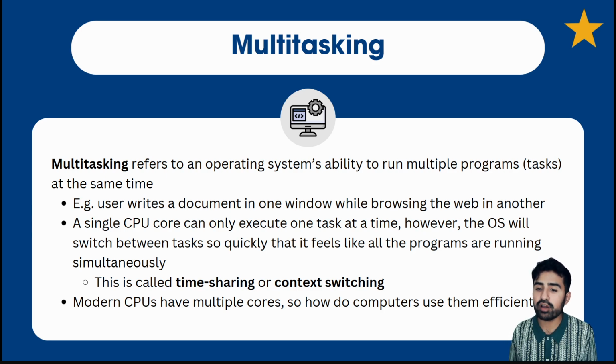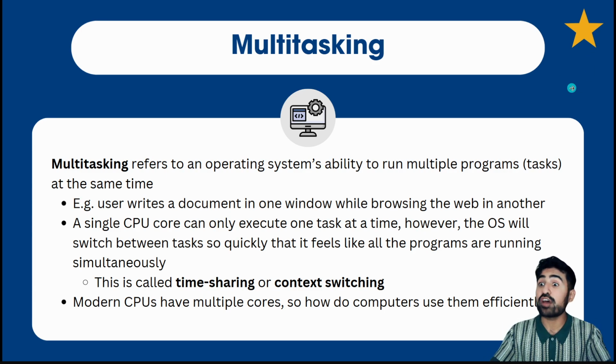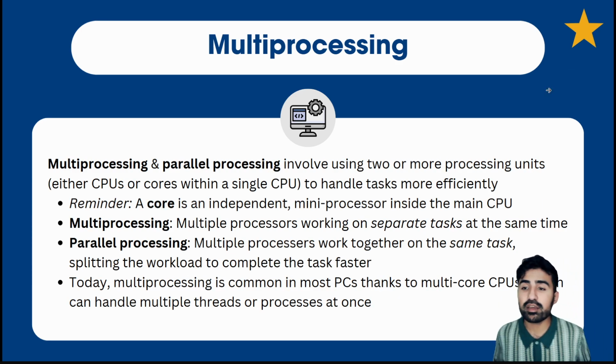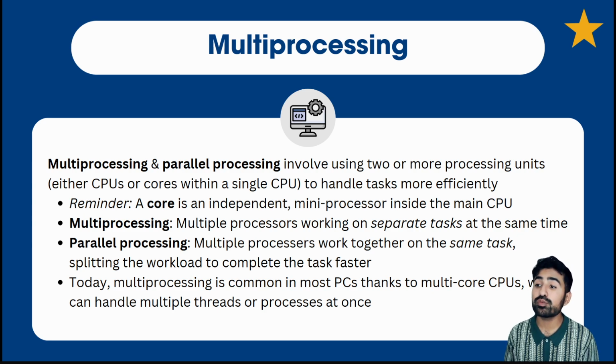But most modern CPUs have multiple cores, multiple processors, so they actually employ really advanced tricks for executing those jobs and finishing those tasks that you ask the computer to do, specifically that the software is telling the computer to do. So we have multiprocessing and parallel processing. That involves multiple processing units, two or more.